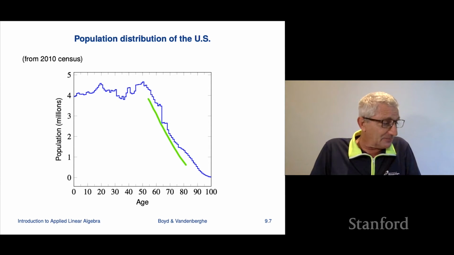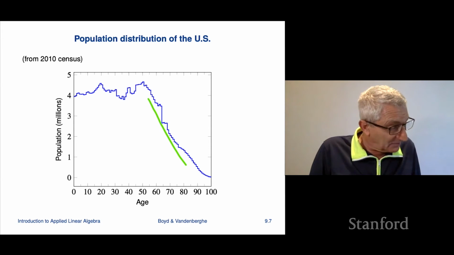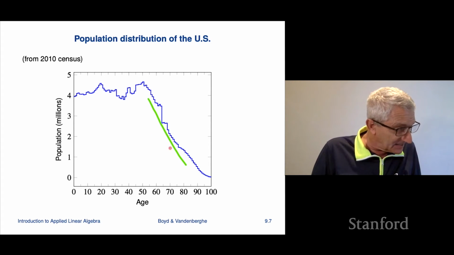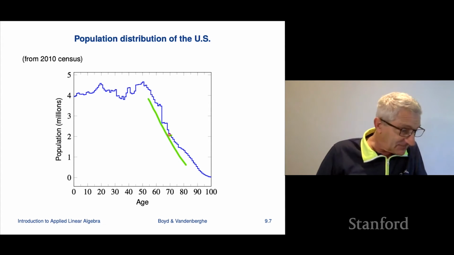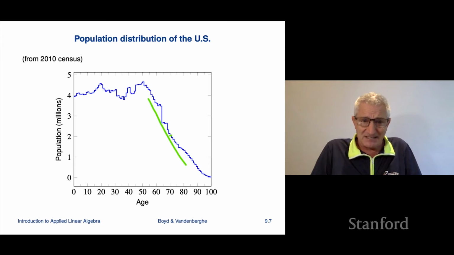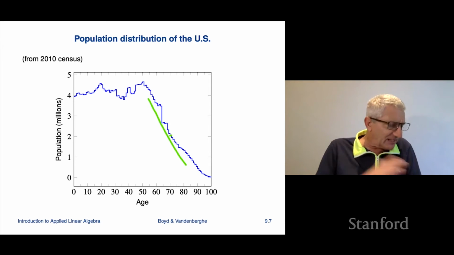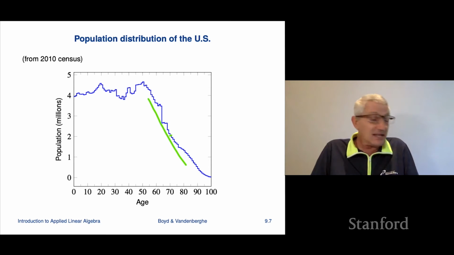By the time you hit 70, roughly speaking, sadly, you get about half the number of people who are between roughly 0 and 50. So that's the age distribution in the U.S.